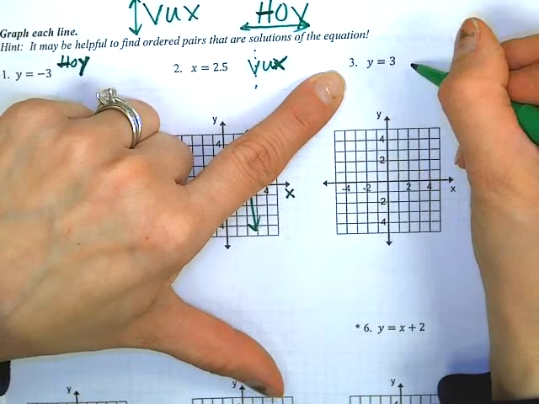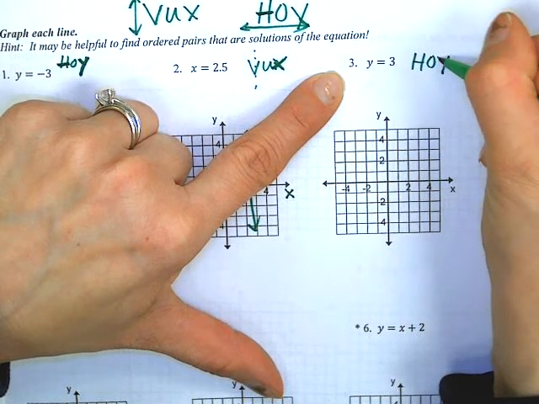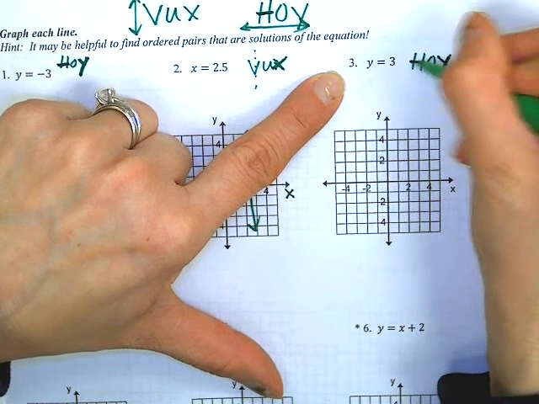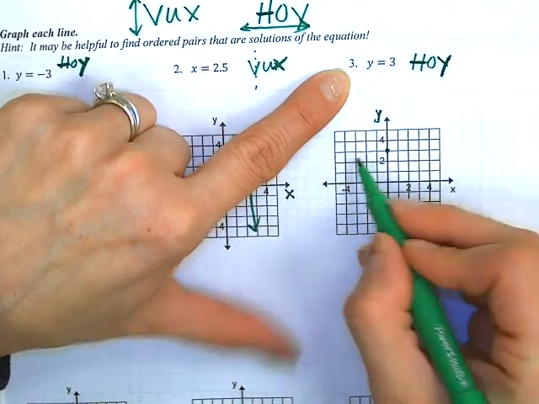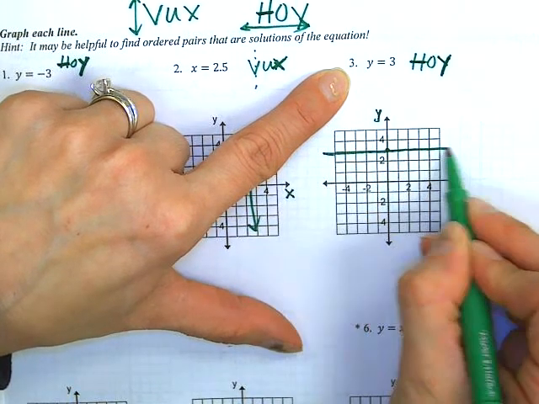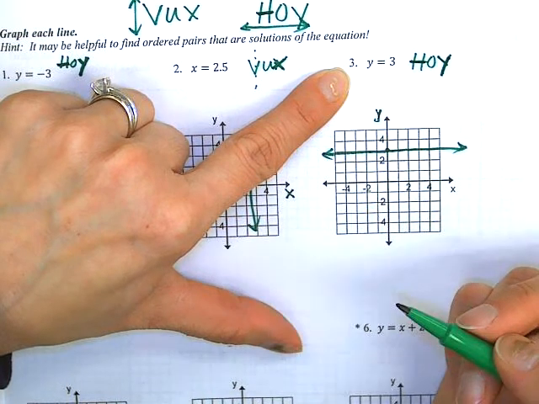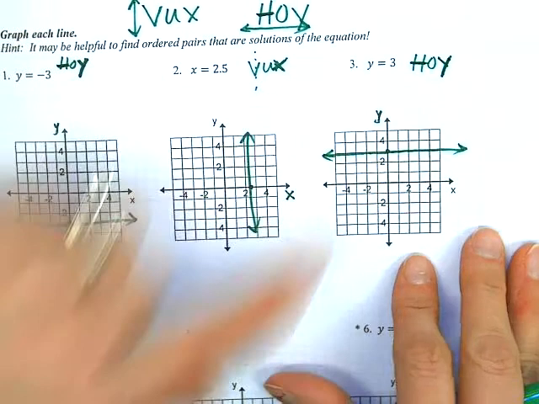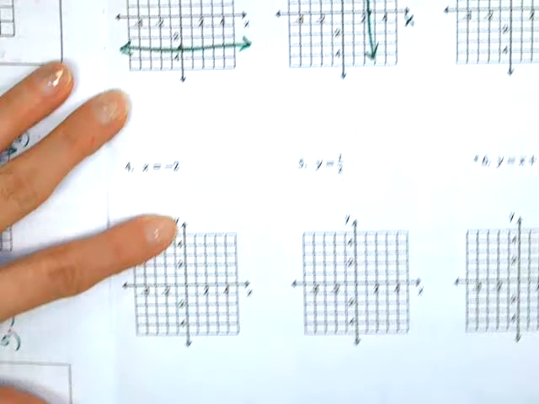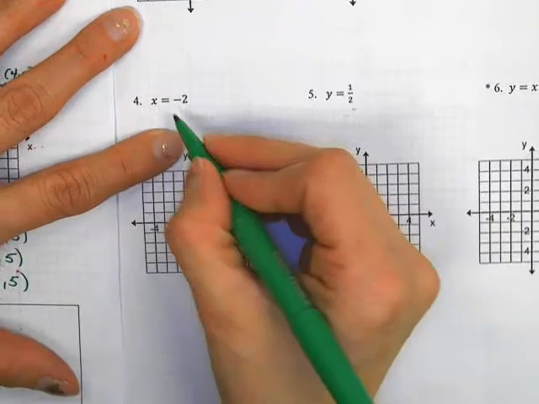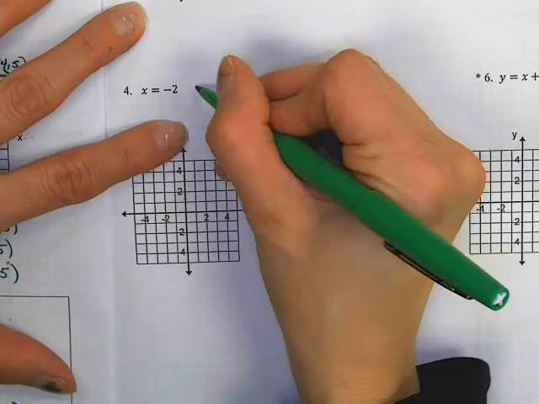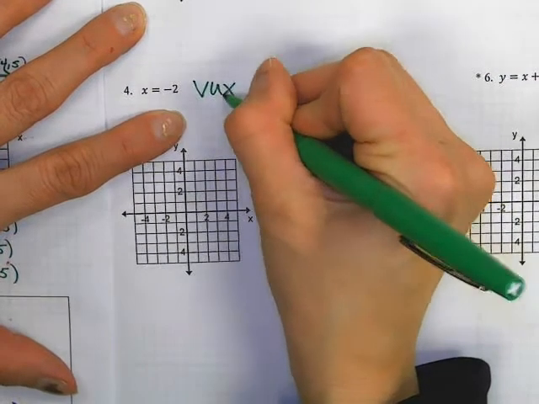Number 3, y equals 3. This is a hoy. It's going to be horizontal. So I go to the y-axis at 3, and I draw a horizontal line. Number 4, x equals negative 2. This is a Vux.